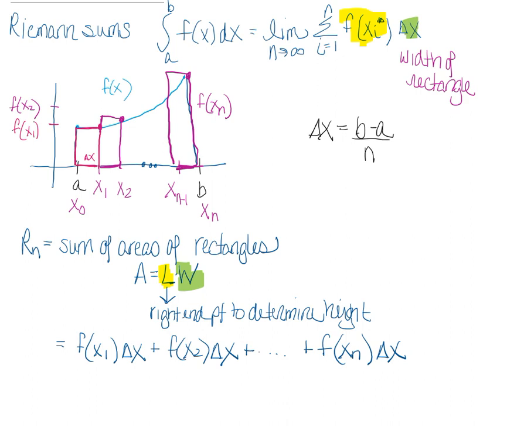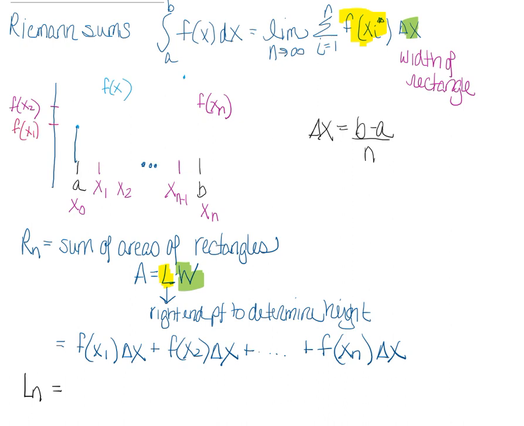Now, if we did the left endpoints, the only thing that changes is that it's still length times width, but for the actual rectangles, we don't use the right endpoint, we use the left one. Let's see what kind of mess I can make here. I'm going to have to put that curve back on.